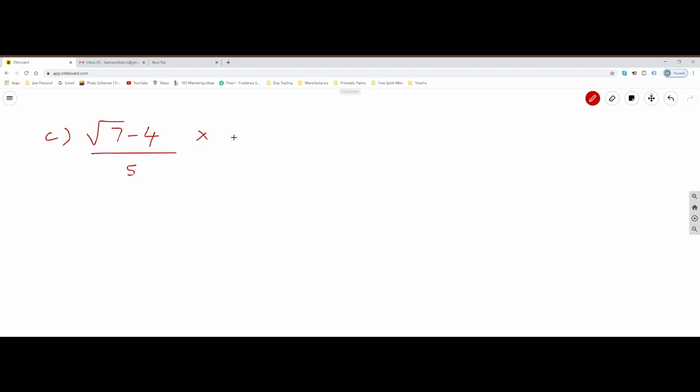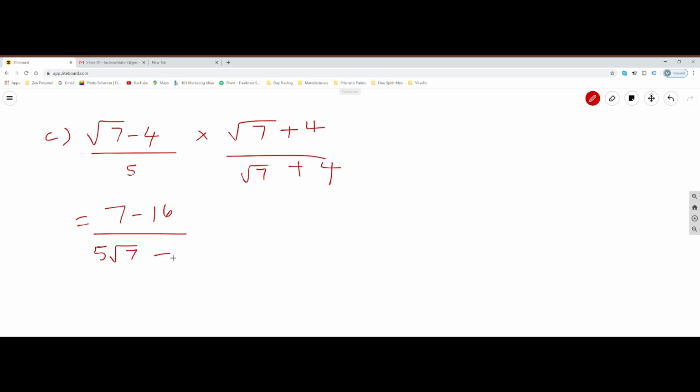So you're going to multiply by the conjugate, square root 7 plus 4 over square root 7 plus 4, equals 7 minus 16 over 5 square root 7 plus 20. 7 minus 16 is negative 9 over 5 square root 7 plus 20.